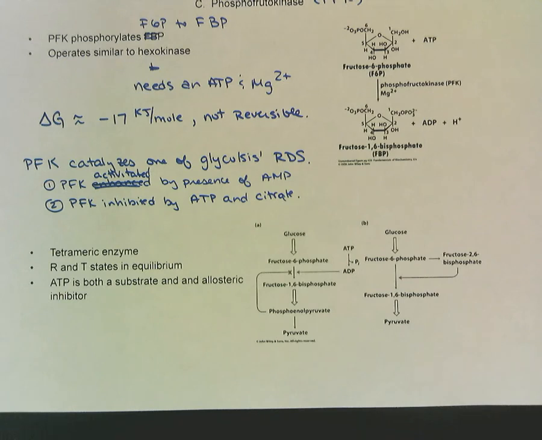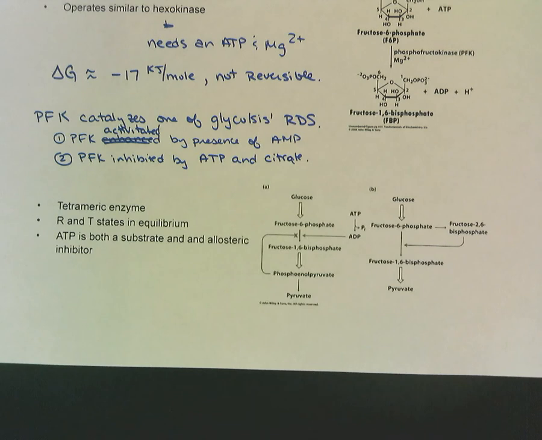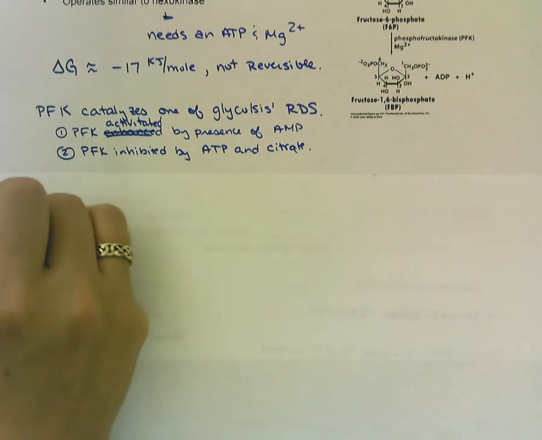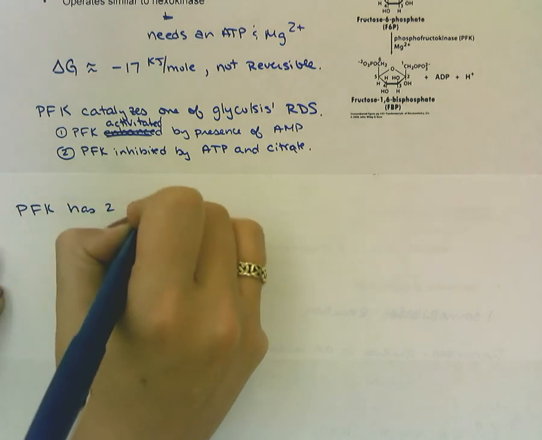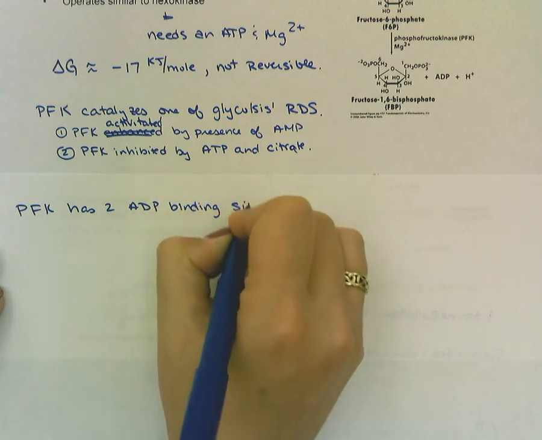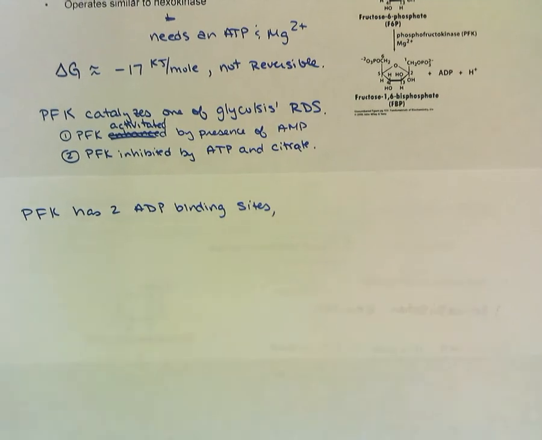So, what's the best picture I have for this? I'll write it here. Okay, so we'll work our way through this. One, PFK has 2 ADP binding sites.